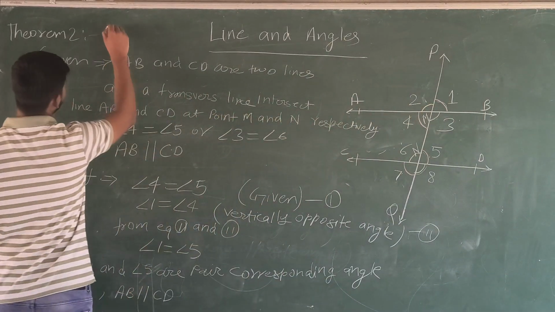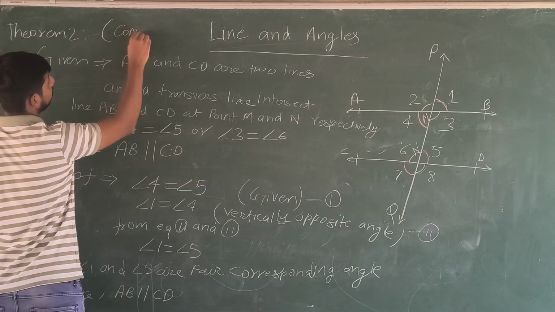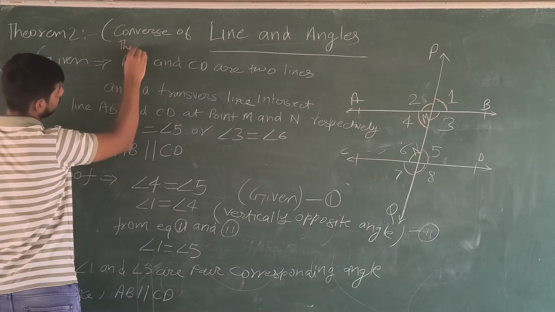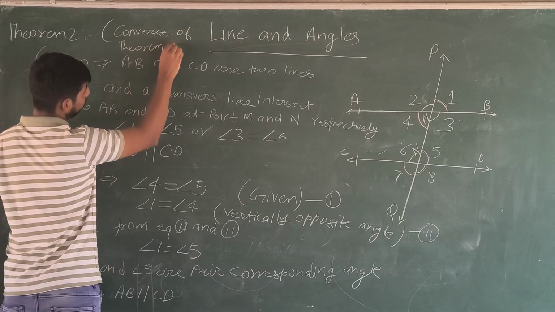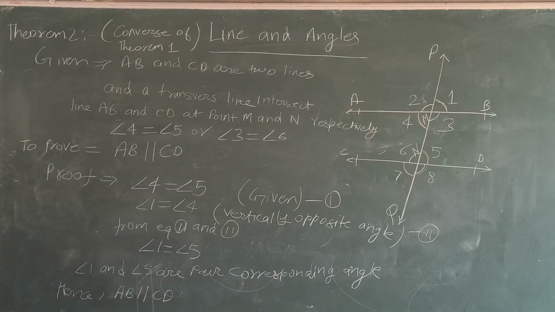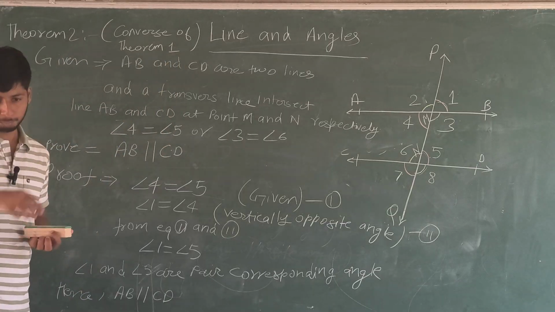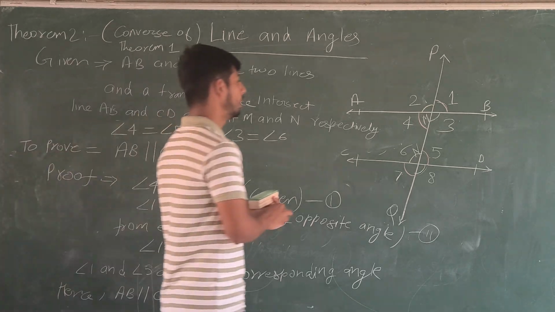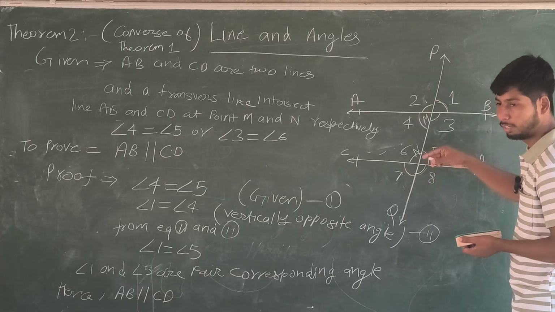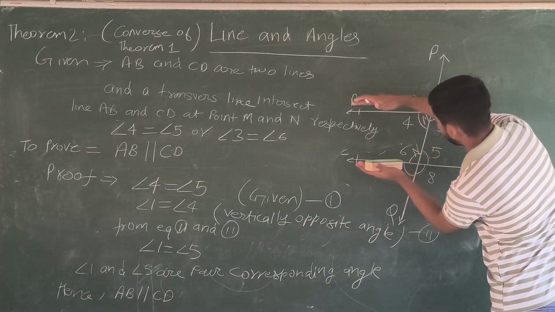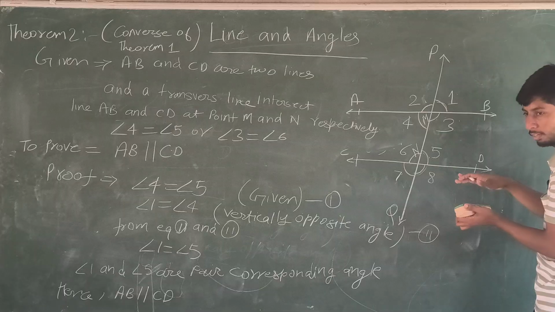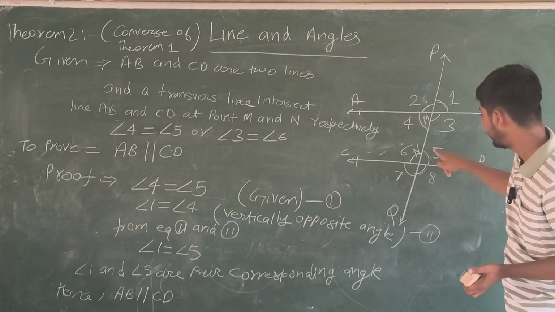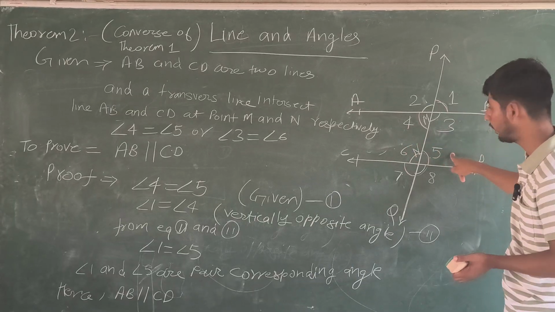Here in the bracket you can write converse of theorem 1. Converse means opposite. In the last theorem, it was given that lines AB and CD are parallel, and we had to prove that alternate angles are equal, means angle 4 is equal to angle 5.